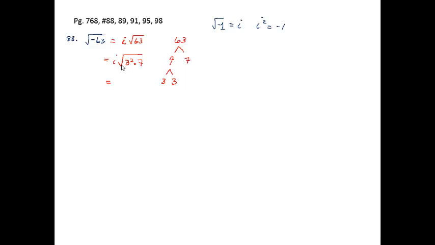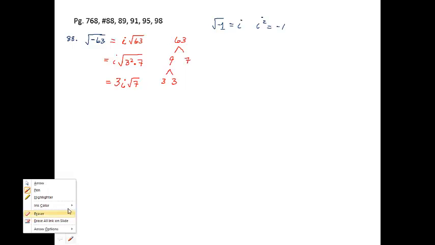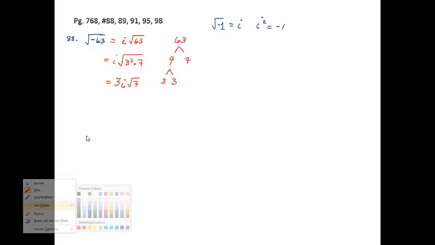Now, the 3 is being squared, so the square and the square root cancel, and the 3 comes on the outside. However, the 7 stays on the inside. And it's customary to put the constant term first. The number comes first, then the i. So this basically says 3i square root of 7. Great. Let's move on down to number 89.